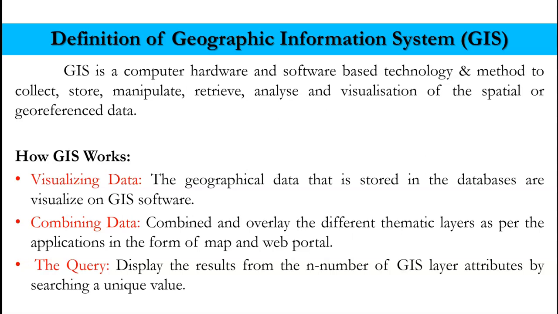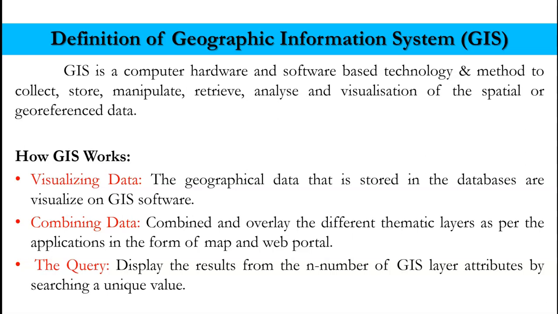That is very important. Combine the data, or you can say couple the data. We have different kinds of layers, thematic layers. So we have to combine them by using different functions and methods like overlay functions according to applications, in the form of maps and web portals. Definitely we need maps as an output or maybe in the web portal form.